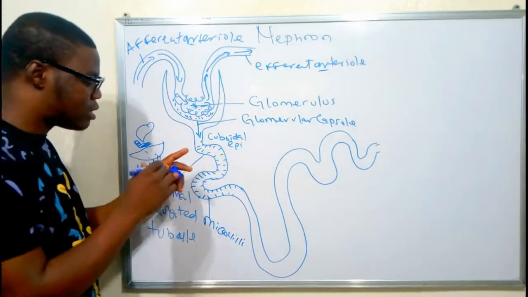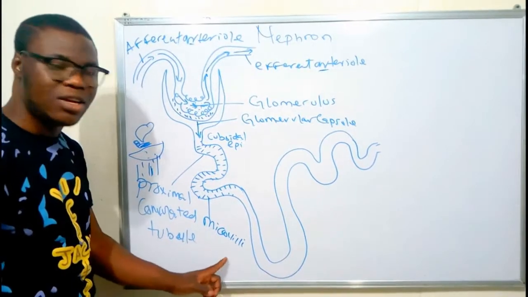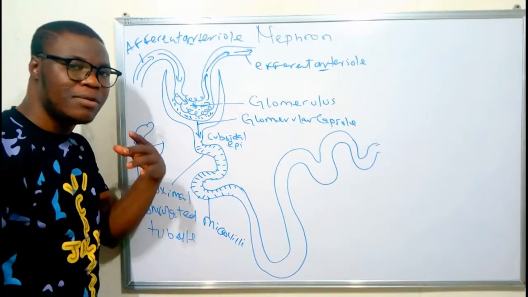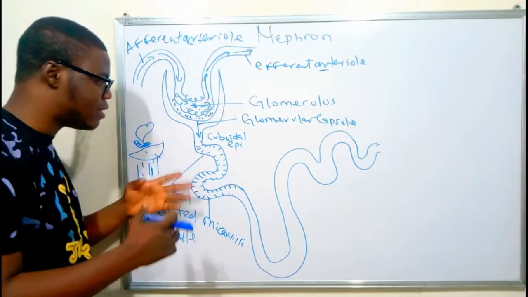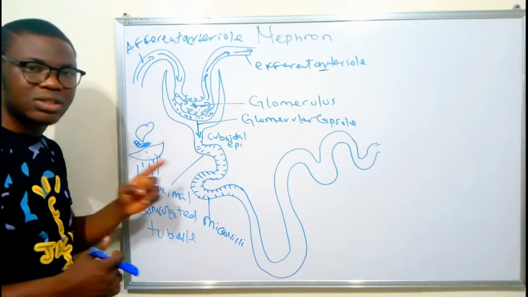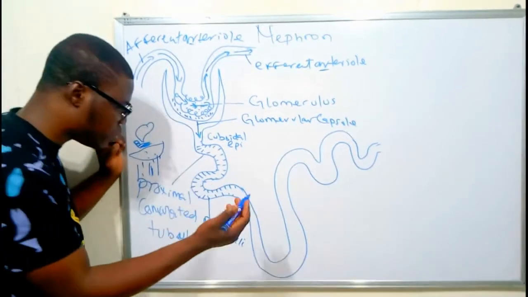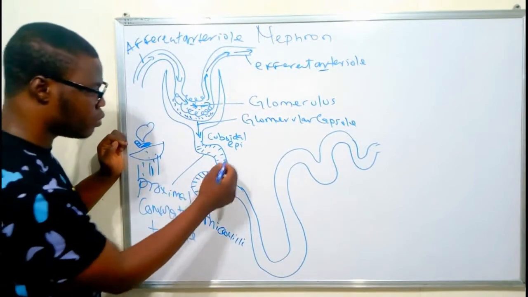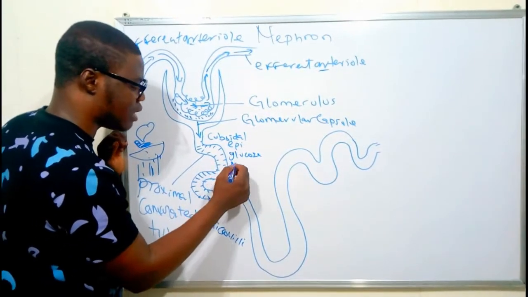So they are made up of cuboidal epithelium, and they contain numerous microvilli, which makes them perform the function of reabsorption. So what does this proximal convoluted tubule reabsorb? It reabsorbs the end product of our food, such as glucose. It also reabsorbs amino acids, that is for protein.